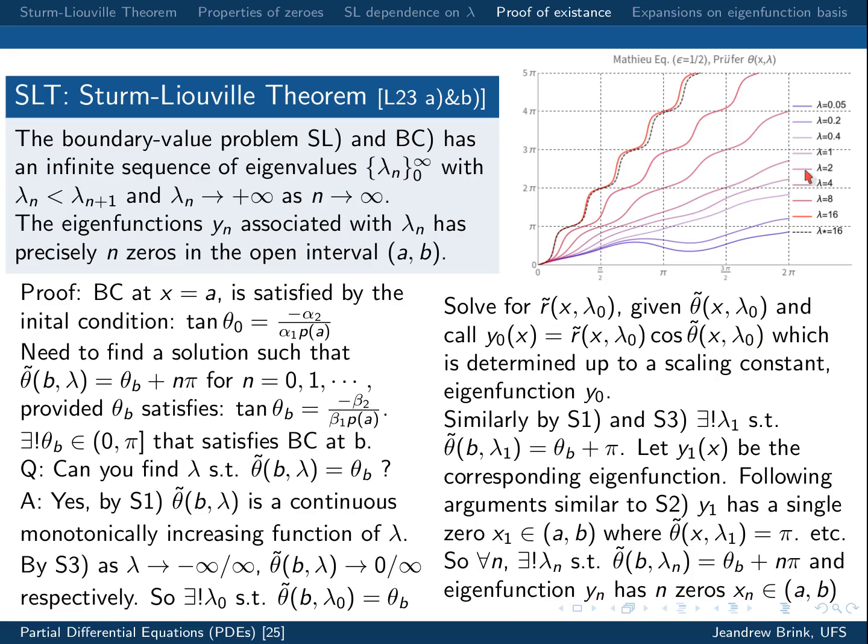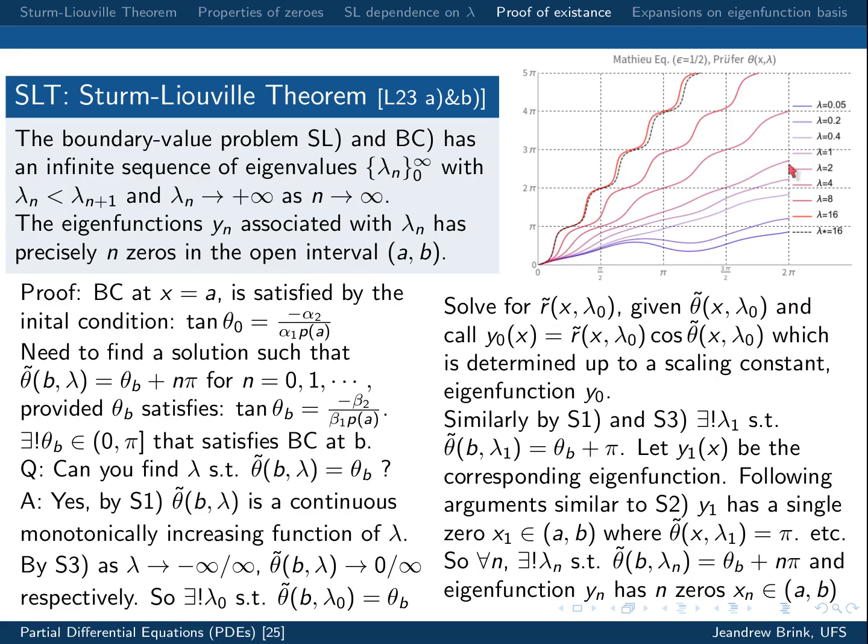And you can see that happen. Here is an example of a lambda 1. Suppose we go up here where we can get, say, a lambda n. We know it's solving theta b plus 2 pi, and as a result it has one zero there and another zero over there, so it has 2 zeros, and it's unique.